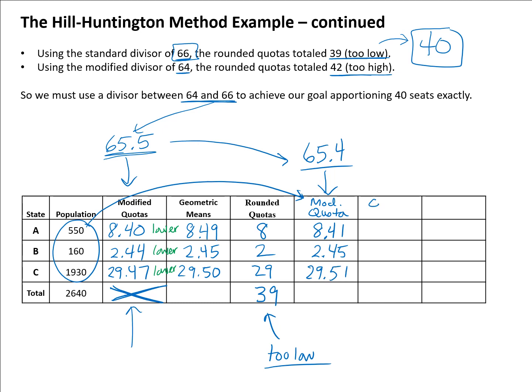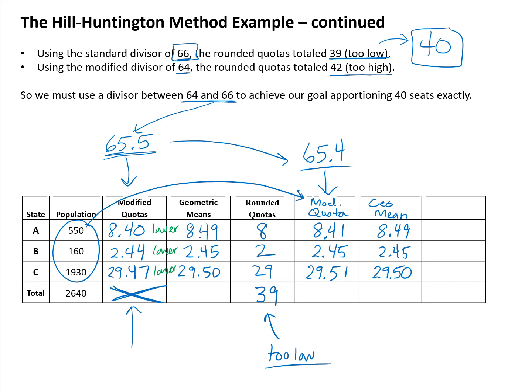Our geometric means stay exactly the same because we're still dealing with the whole numbers that are the same. 8 and 9, geometric mean of that is 8.49. 2 and 3, our geometric mean is 2.45. 29 and 30, our geometric mean is 29.50.